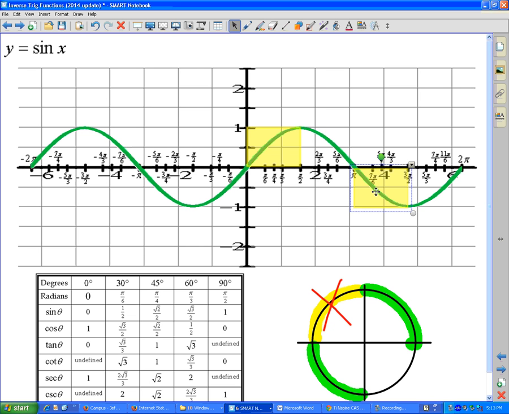This would allow us to be able to put any possible sine ratio into the inverse sine function and get an answer. However, there is something that's not very desirable about defining the range of inverse sine as going from 0 to pi over 2, and then from pi to 3 pi over 2.